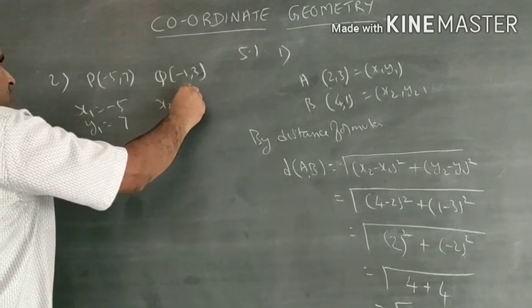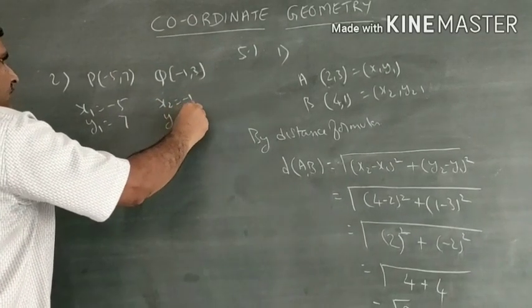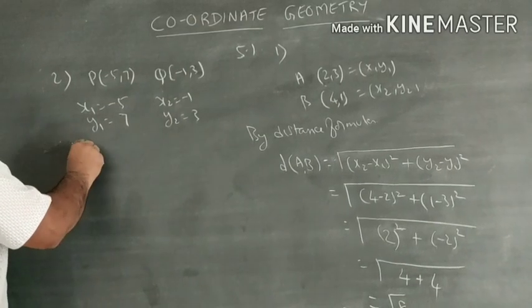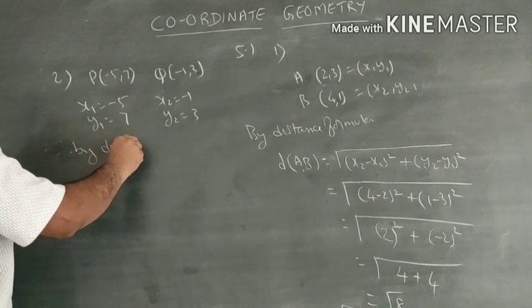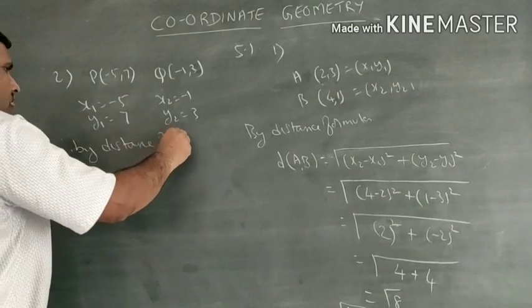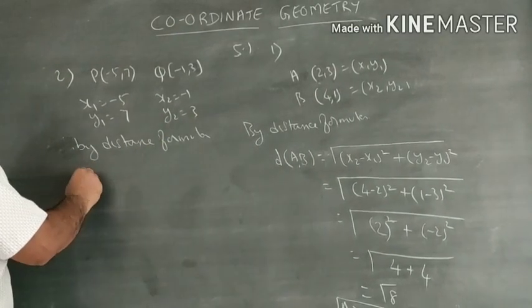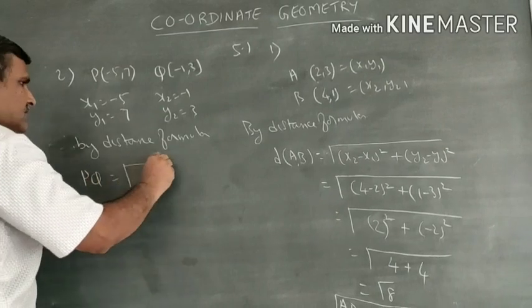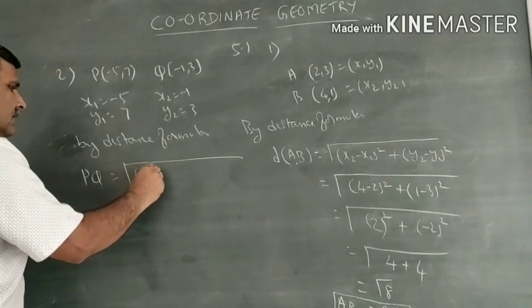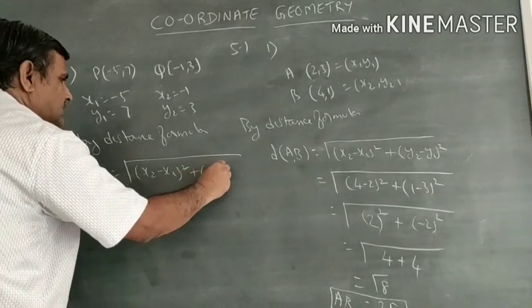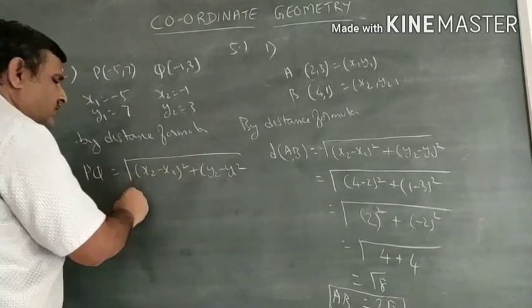Here x2 is minus 1 and y2 is 3. Now again we shall write here by distance formula. What is our distance formula? By distance formula, PQ is equal to under root x2 minus x1 square plus y2 minus y1 square.